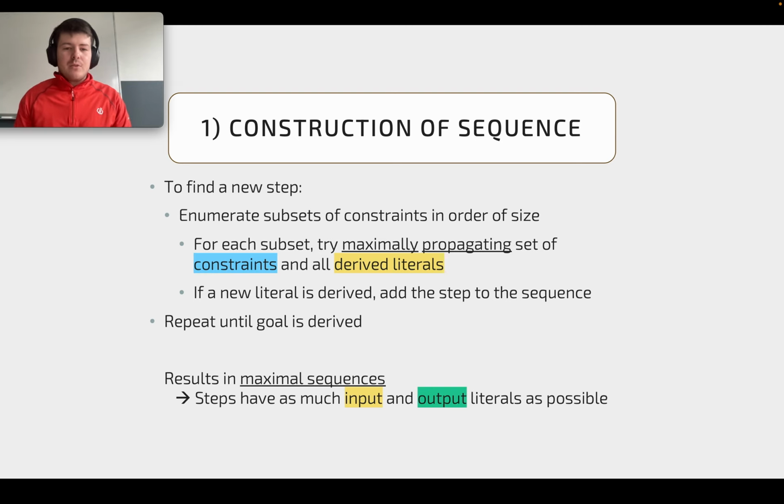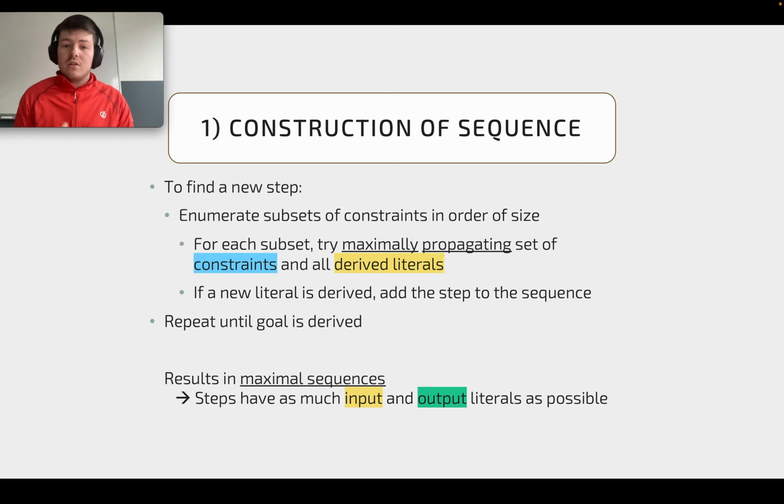This approach results in maximal sequences. A maximal sequence is a normal form that we've defined for sequences, and it means that a step has as many input and output literals as possible.